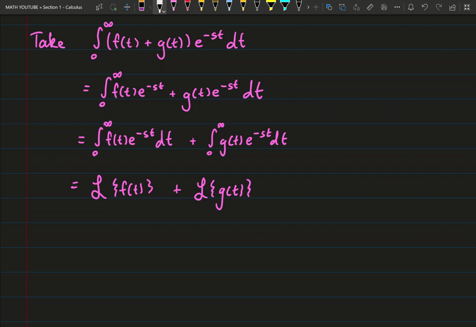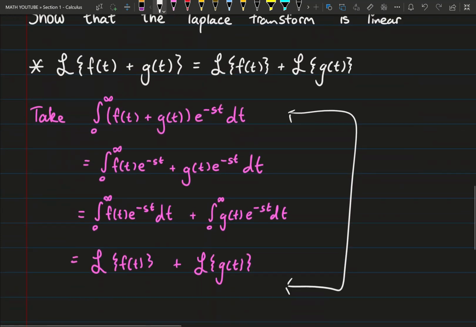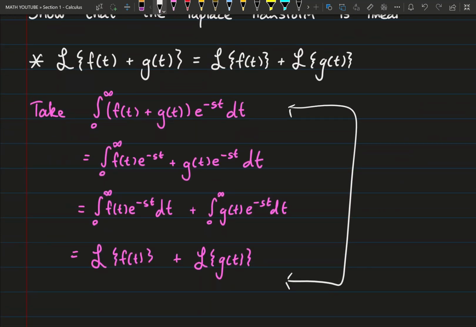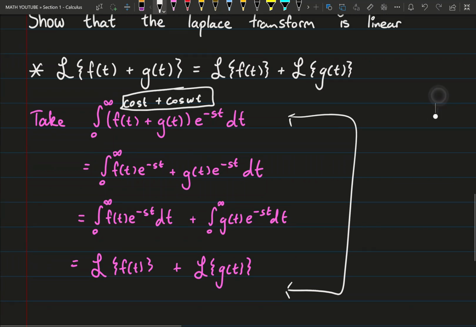So to recap, we have shown the linearity property here. So if we wanted to compute, say, cosine t plus cosine omega t, we could use this property just to compute the two separate Laplace transforms.